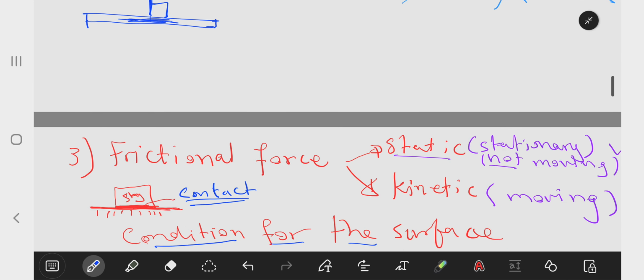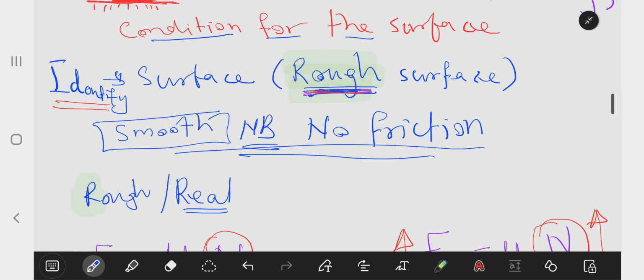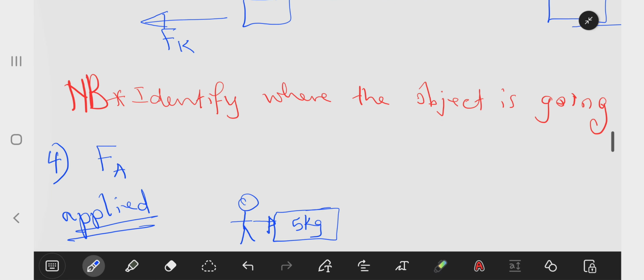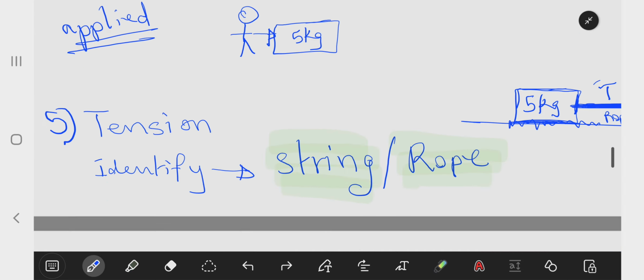The key term for frictional force is a rough surface. For applied force, your key term is applied. Actually, they will tell you that the force is applied. And for tension, your key term is string or a rope.